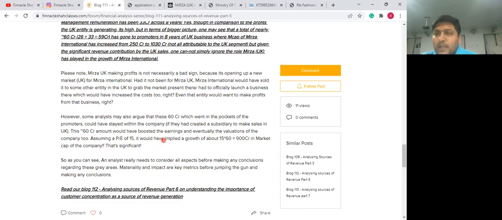However, the only point which seems to be baffling us, once again in our humble opinion, is that the 60 crore, which was a loss to the parent company, maybe perhaps would have led to some bit of profit if the parent company would have established a direct subsidiary in UK.